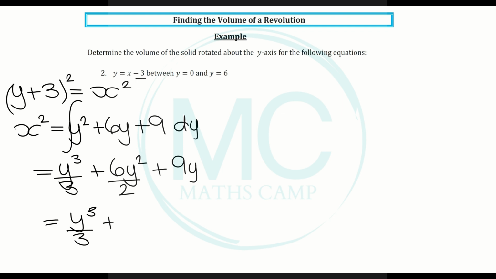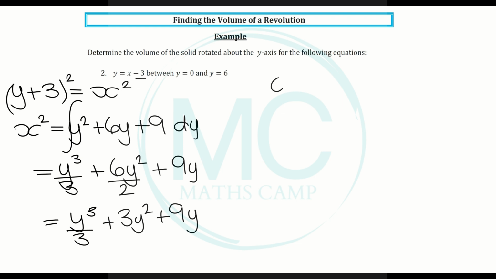So this becomes plus 3y squared plus 9y. Now we can substitute in 0 and 6. If we put 0 into our y values, all three terms are going to be 0. And you cannot subtract 0 from a value. So to find the volume, all we need to do is find this equation when y is 6.